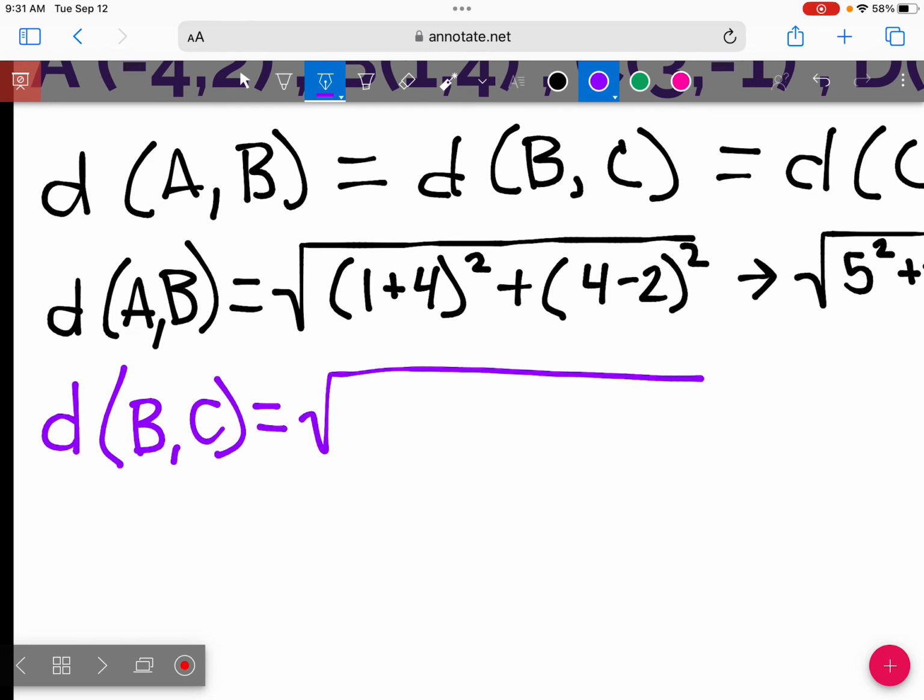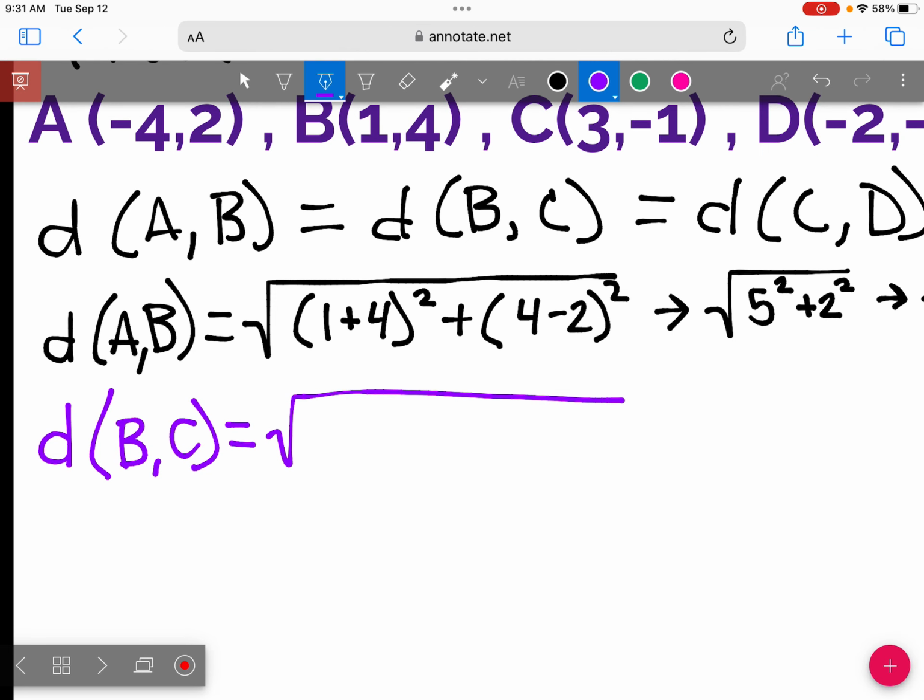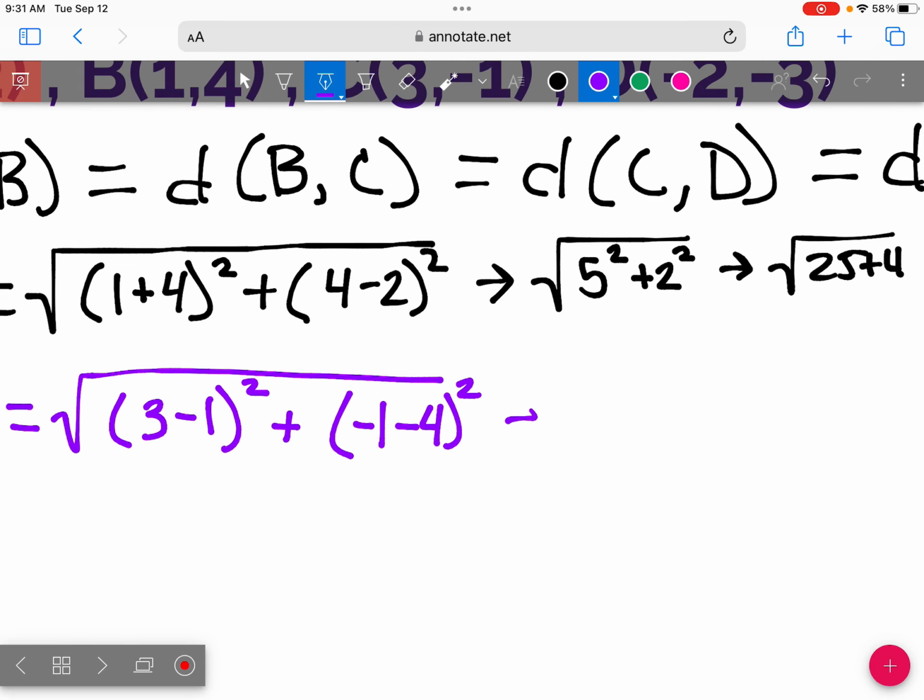So we're going to do for BC, 3 minus 1 squared plus negative 1 minus 4 squared. Three minus 1 gives us 2 squared.